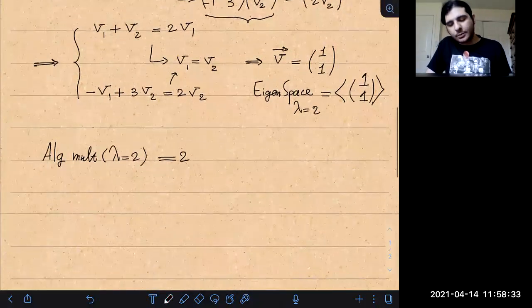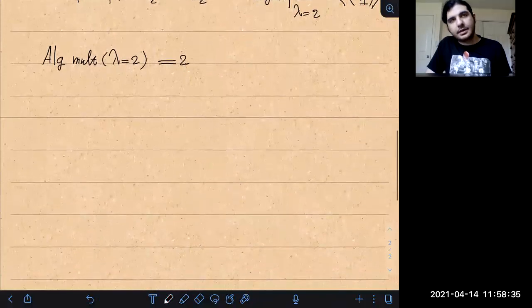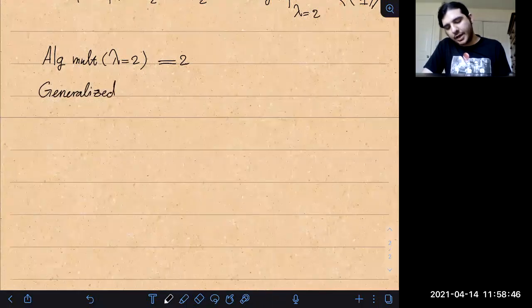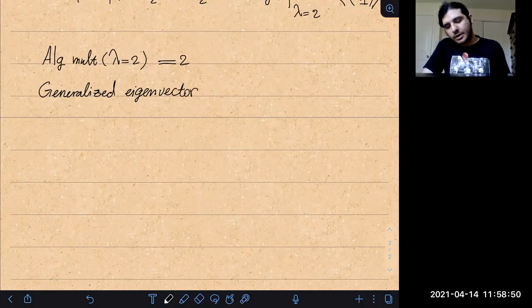Now, in this case, one might look for a generalized eigenvector. So the next step is to look for a generalized eigenvector. What does that mean?